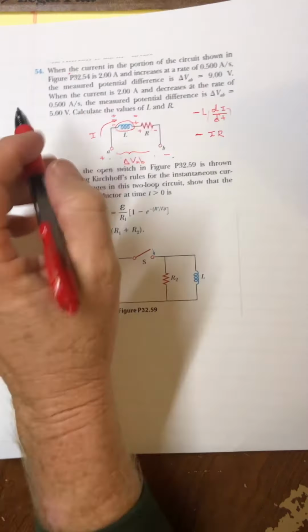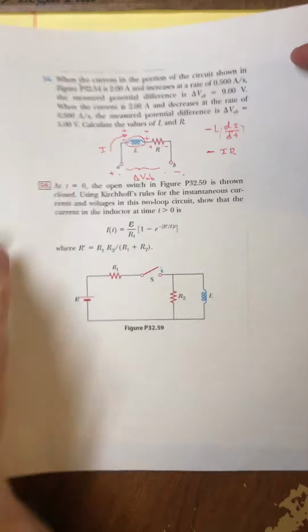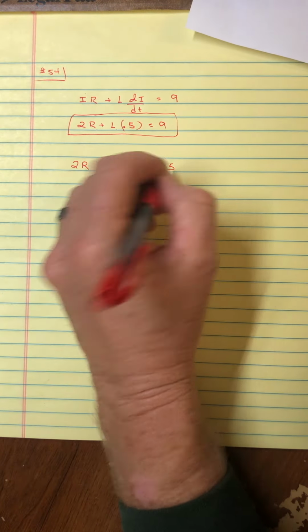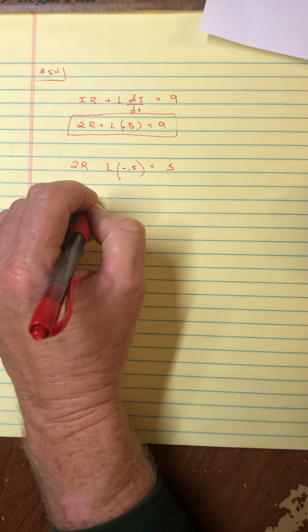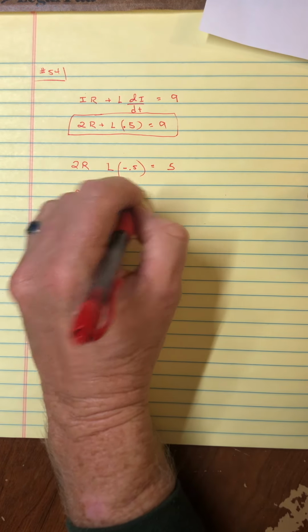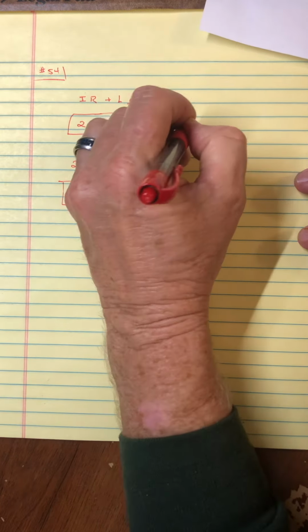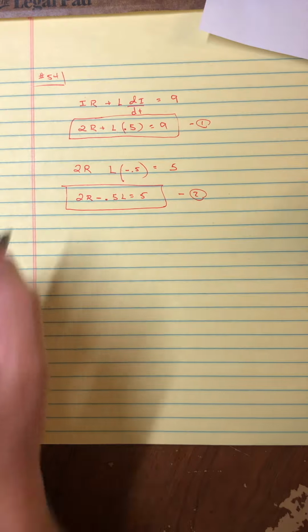And then that would have to equal a measured potential difference of only 5 volts. So 2R minus 0.5 L equals 5. And so I guess I'll call that equation 1 and equation 2.